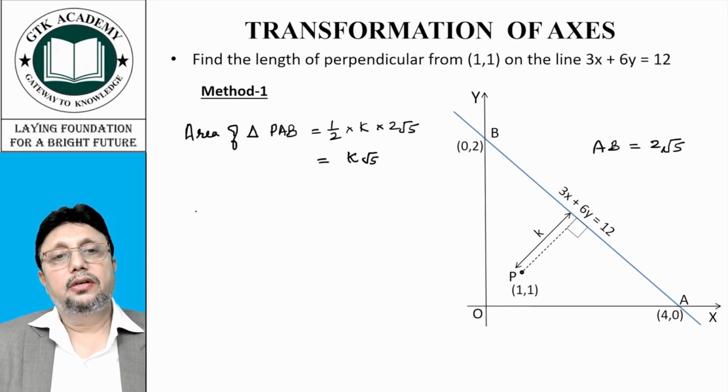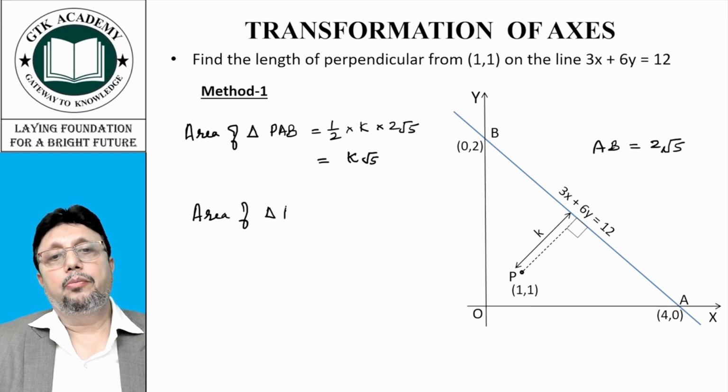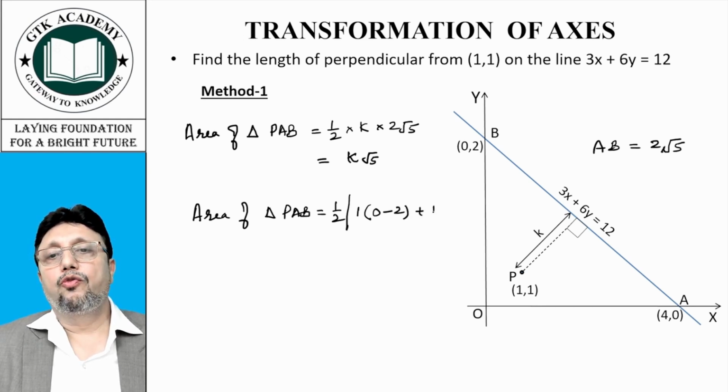Again, from another method, the area of triangle PAB is equal to half mod of 1 times (0 minus 2) plus 4 times (2 minus 1) plus 0 times (1 minus 0).